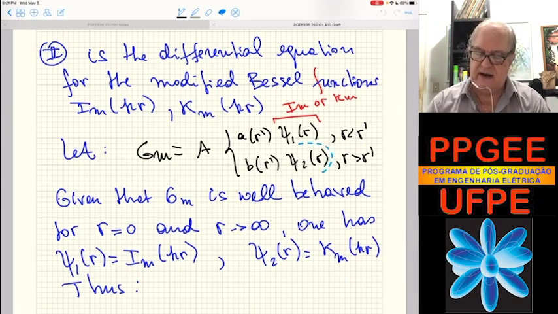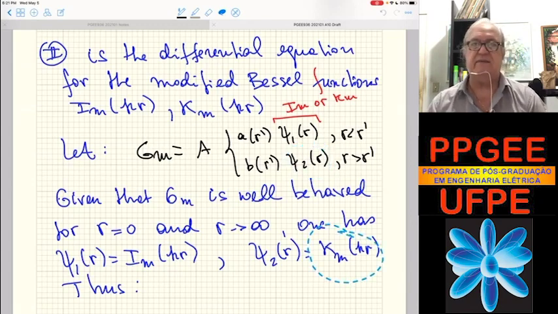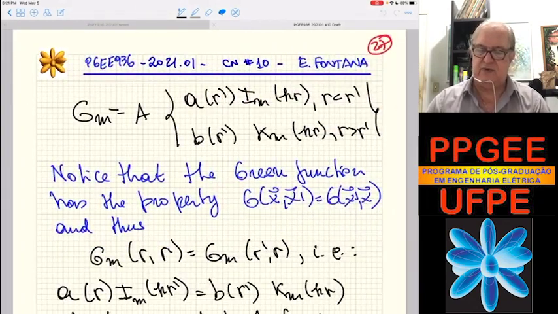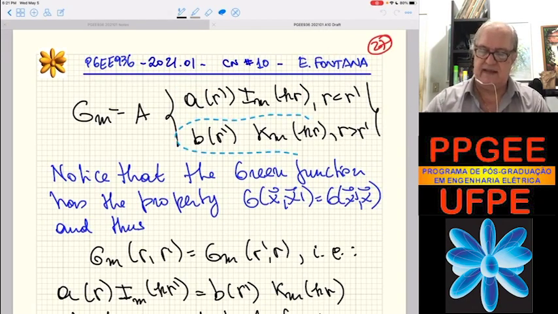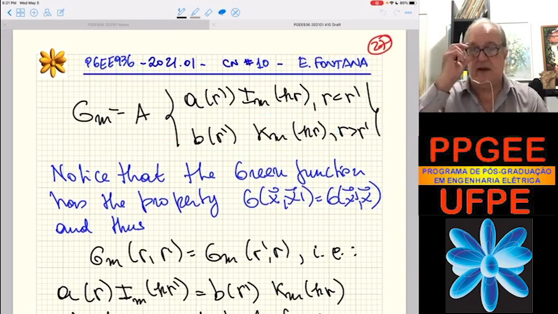And the function for r larger than r prime has to be a modified Bessel function of the second kind, because that's well behaved for large r. So the function that we have to use is something like this for r smaller than r prime, and something like that for r larger than r prime.